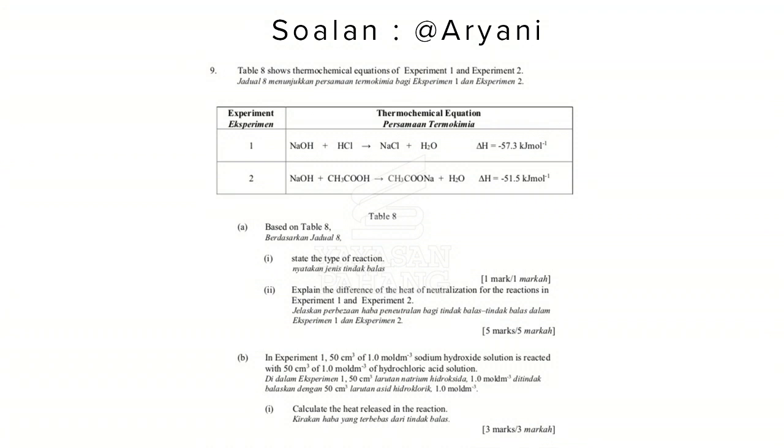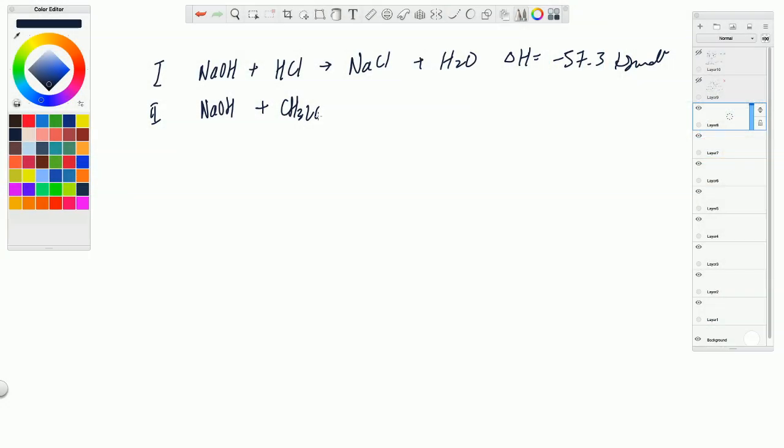All right, and experiment 2 is the same thing, except this time you're using a weak acid, ethanoic acid. So you get sodium ethanoate and water. And the heat of neutralization is less.